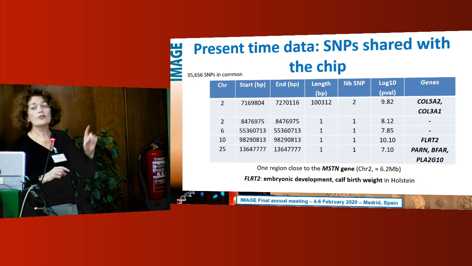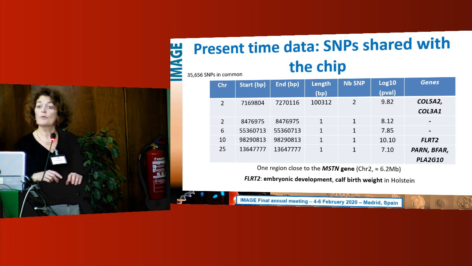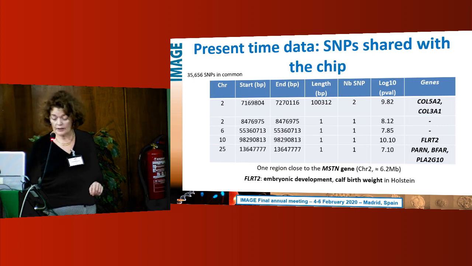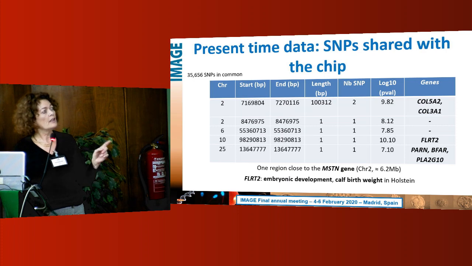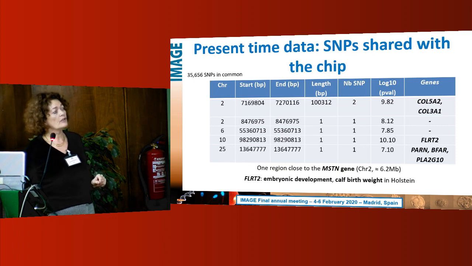But we only used first the common SNPs, so the 35,000 SNPs which were common with the other chips. And we found these 5 regions with very strong signals in chromosome 2, chromosome 6, chromosome 10, and chromosome 25. So here in this table, you can see the candidate genes which are included in the regions.